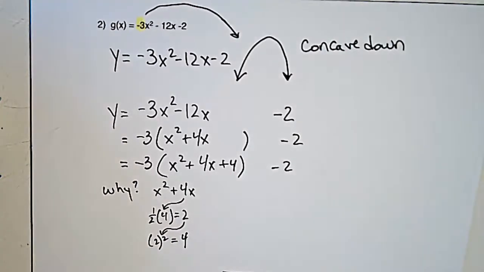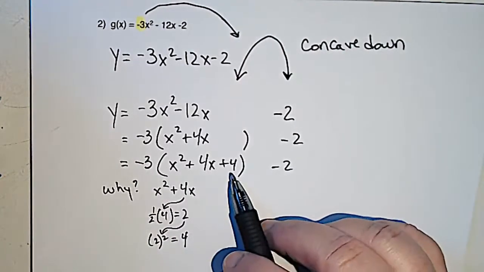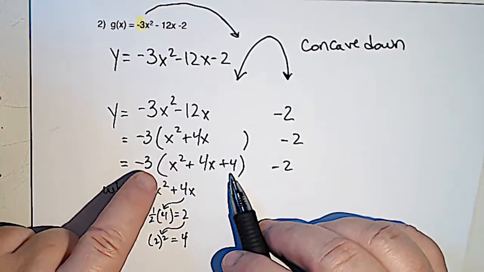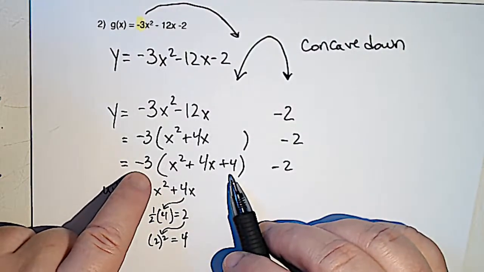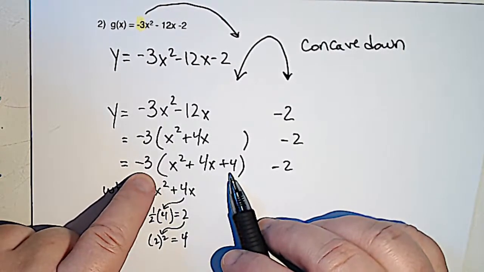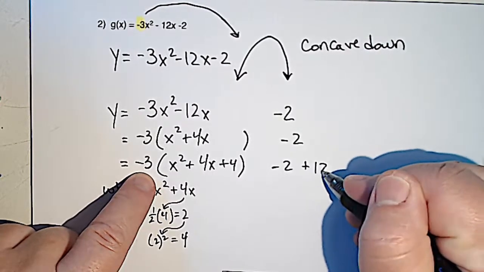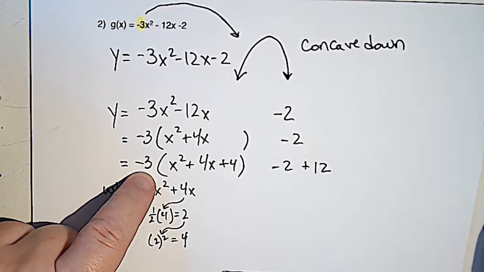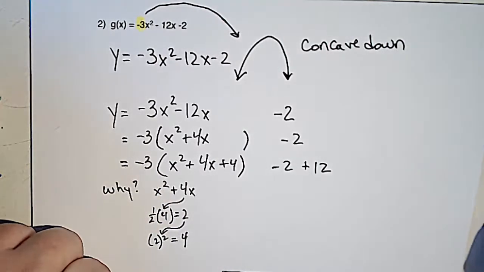Right? Now, the problem is when I put the 4 in here, it is also being governed by this negative 3. So I haven't just added 4, I've added a negative 12. So I have to add 12, which is one of the weirder things about this, is that there's so many moving parts. It's like, yeah, when I said this was going to be gruesome, this is going to be gruesome.